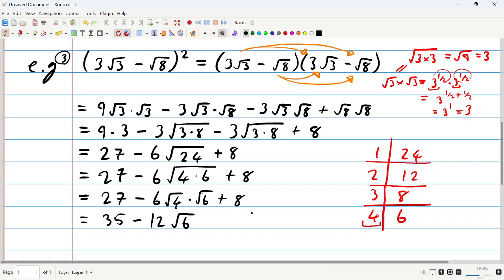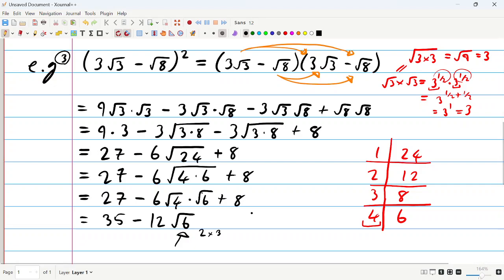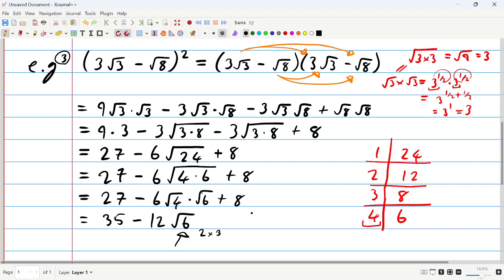And that will be the simplest way that we get the answer, because from here, if you want to simplify this, we cannot get a perfect square out of this because we're just going to get 2 multiplied by 3 or 1 times 6. There are no perfect squares other than 1, but you usually don't look at 1 as one of the perfect squares that you want to simplify because it's just going to give you 1, and you're not going to make any progress. So that's basically how we deal with all of this.